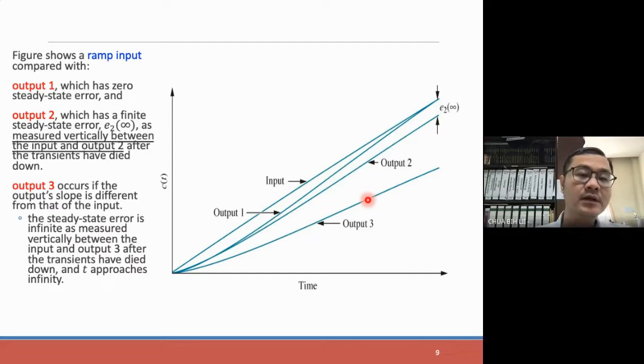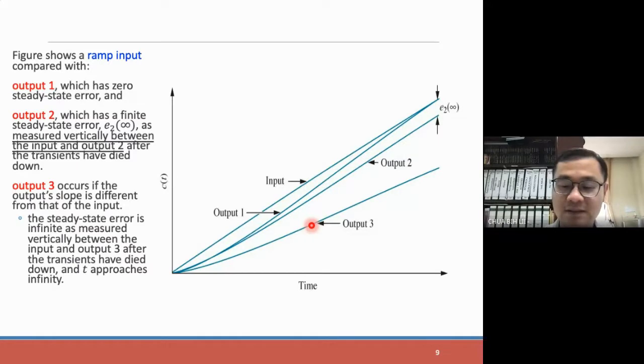The next type of steady state error comes from the ramp input. If you are putting a ramp input over here, this is your input, and we desire that after some time our output will match this input, in the ramp form.